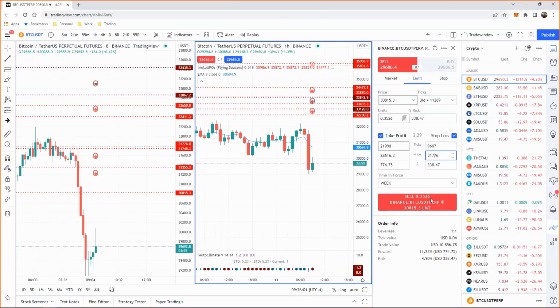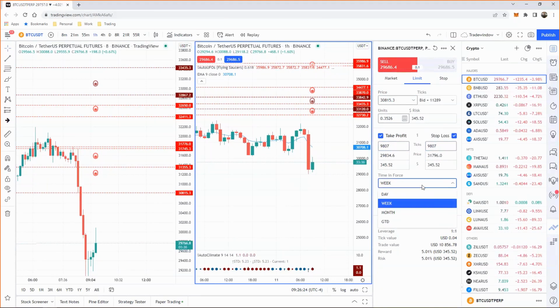Now, do we want to give it a little bit of extra room? I would say yes, we should definitely give it a little bit of extra room. So I'm going to go to 96 here, so 31,796. So there's that. Our T1 is always going to be a 1-to-1. Okay, and I'll go about that in a bit.